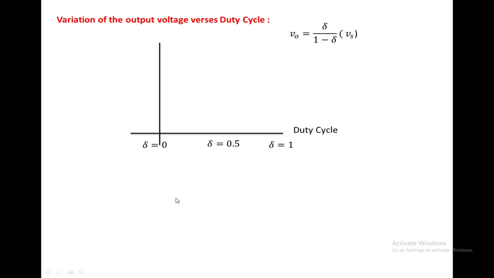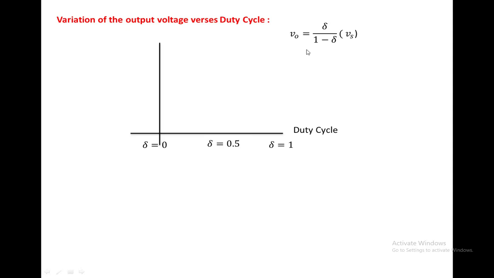Now the variation of output voltage versus the duty cycle. This is the expression for the average output voltage. Take the duty cycle on the x-axis. We can change the duty cycle from 0 to 1. We have taken three values: 0, 0.5 and 1. For each value in this expression, we find the output voltage.